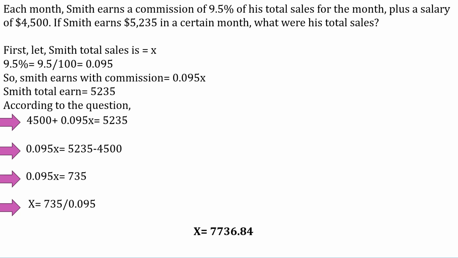So we can let Smith's total sales be x. We can write 9.5% this way: for the percentage sign we write 9.5 divided by 100, so that will be 0.095.